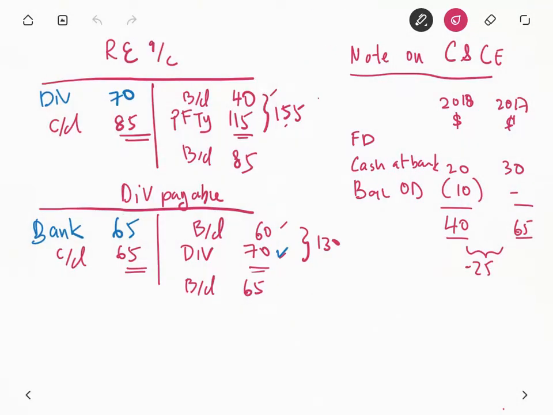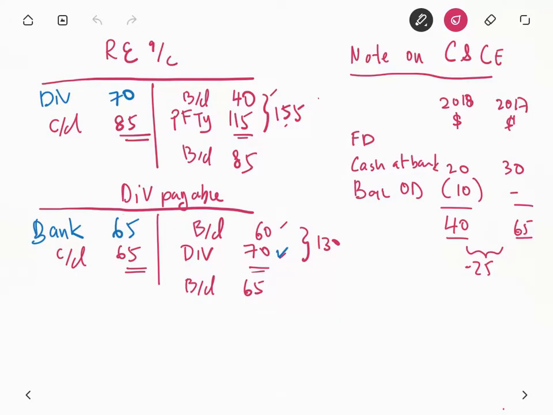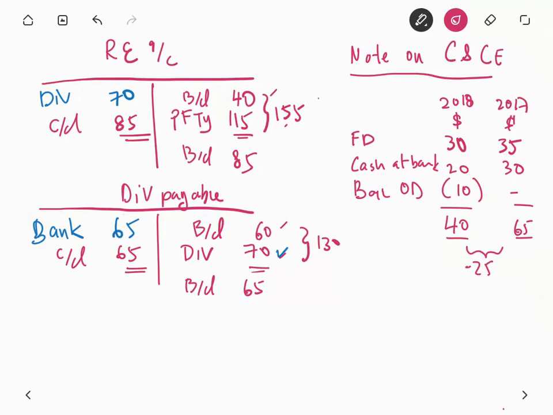How much is my FD? Last year 35. This year 30. Cash at bank last year 30, this year 20. Bank overdraft last year 0, this year 10. So you add up last year's cash and cash equivalent. This is a note on cash and cash equivalent. Last year 65, this year 40.